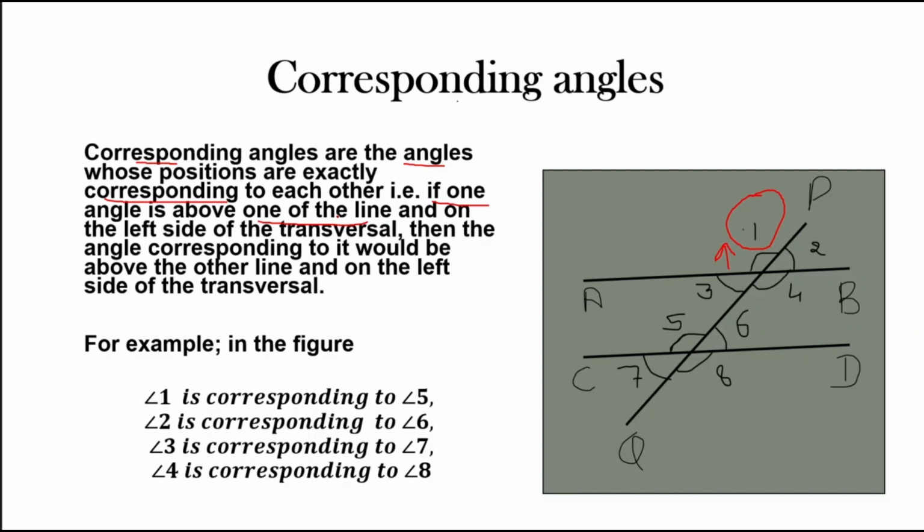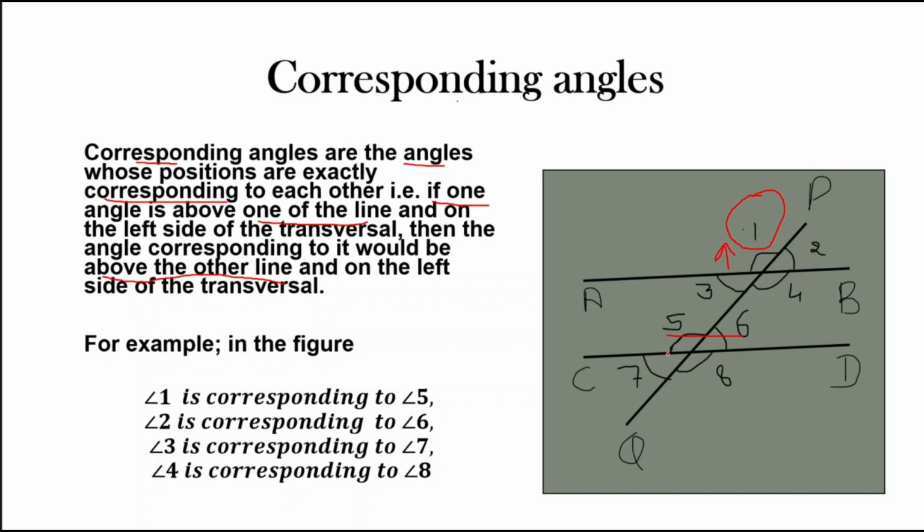Then the angle corresponding to angle 1 would be the angle which is above the other line. So the angle corresponding to angle 1 would be out of 5 and 6 because they are above CD.